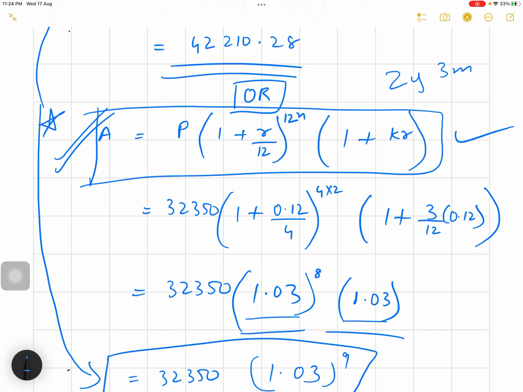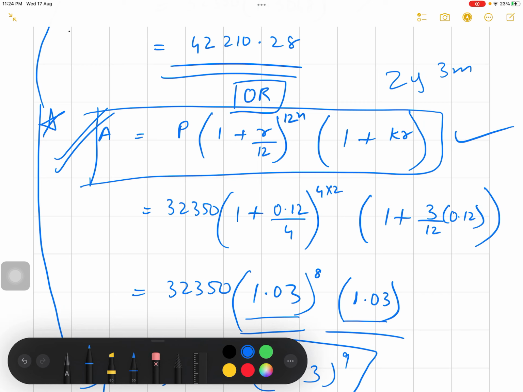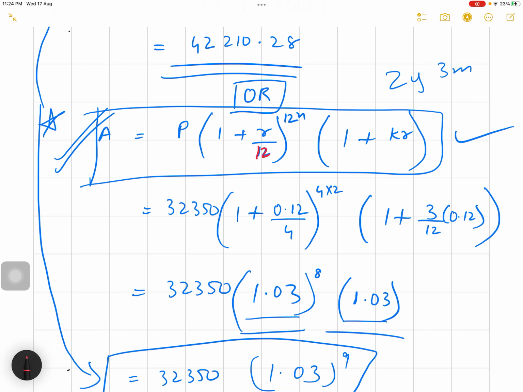So here it will be 12 and 12. 2 years 3 months, and this k is for 3 months, so instead of k you will write 3 by 12. R is whatever the rate is, which is 0.12. You will do divide by 3 for the 3 months, because interest is computed thrice in 3 months.